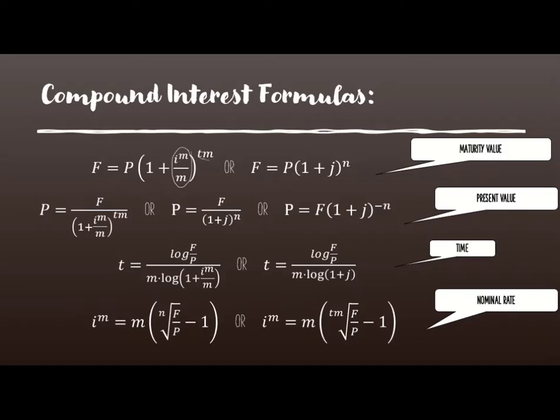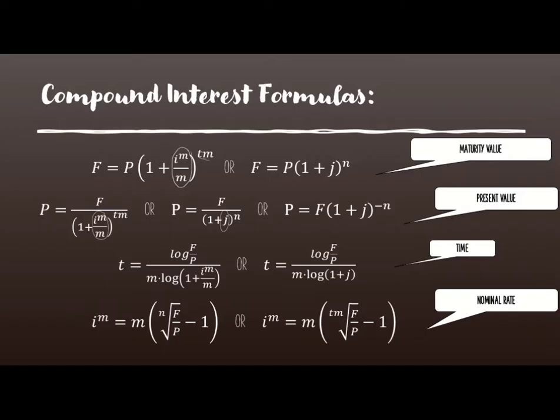And then, sa present value, so ang formula naman dyan is P equals F over (1 plus i raised to m over m) raised to t times m. Or, itong i raised to m over m natin, equal lang yan kay j, yung interest rate per conversion period.